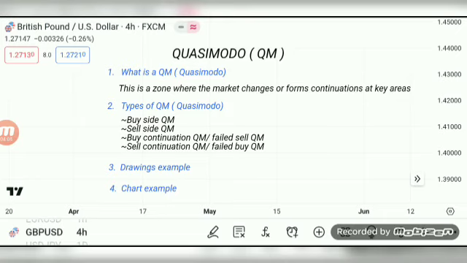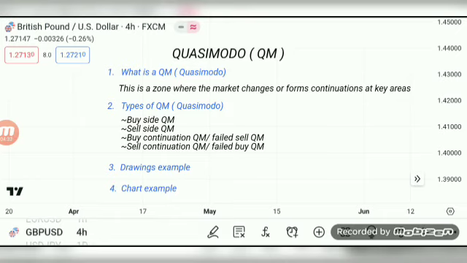So usually we find that we could have a QM forming a continuation. It's going to play around the zone but forms a continuation and continues either higher or lower. Okay, so we have to know about that, because it's your order block. When it fails, it just failed because we are having a continuation buy.